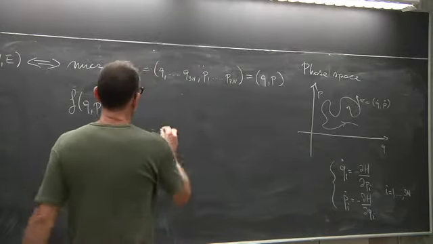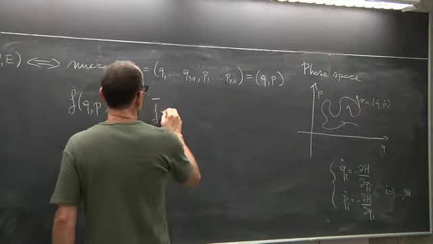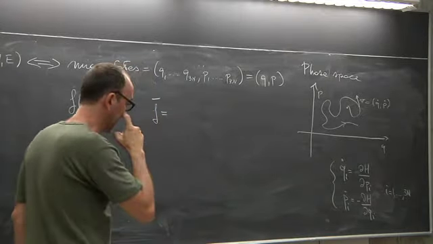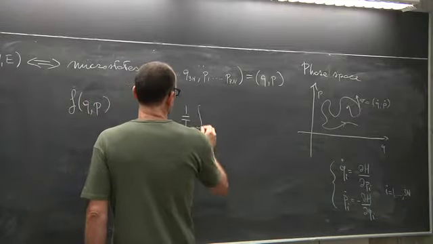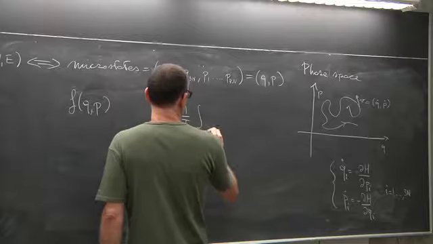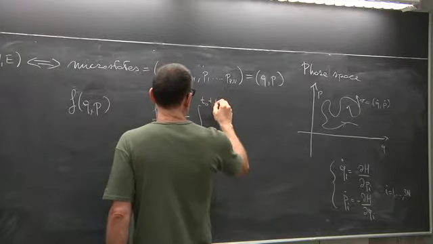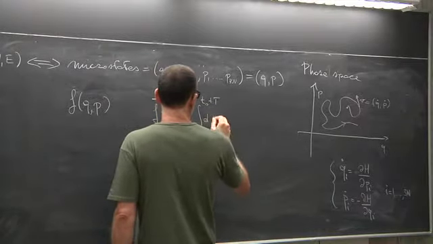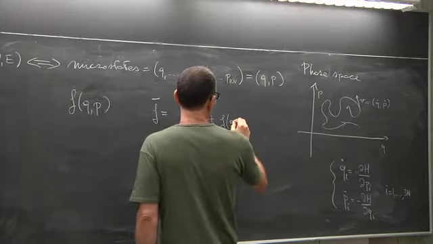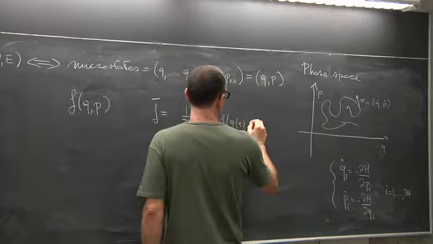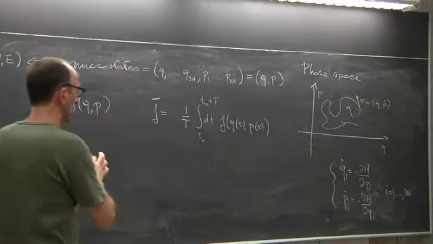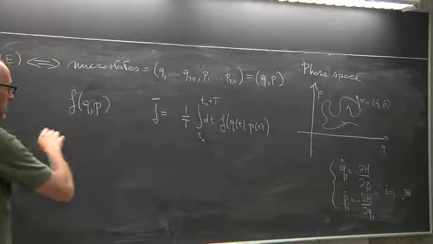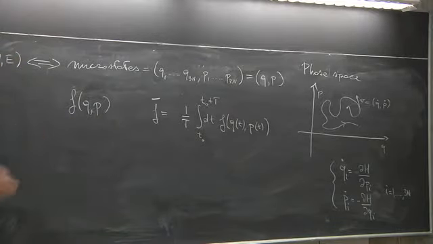And what you would actually measure in your experimental apparatus is some sort of time average of this quantity as the system moves in phase space.